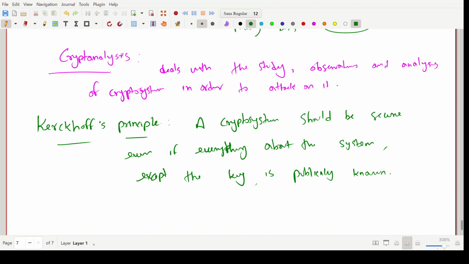So we test the security of a crypto system under the assumption that the security of the crypto system should depend on the secret key, not on the algorithm.